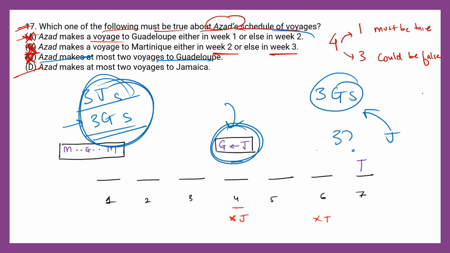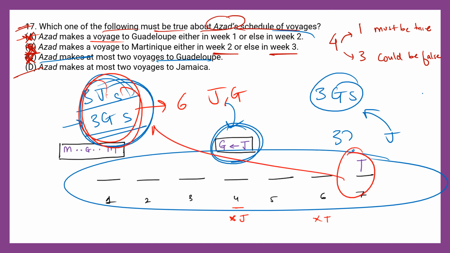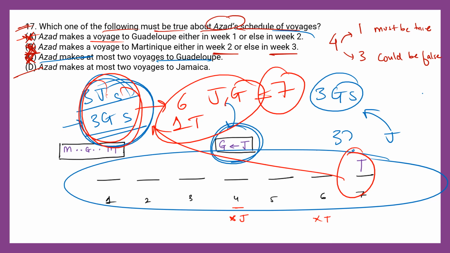Think of it like this: you have a total of 7 positions. Out of those 7 positions, 6 are J and G, and 1 is T. That's a total of 7. So there is no place left for M. Where do you put M? There's no place left for M.